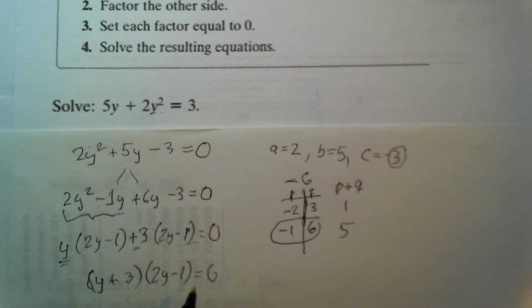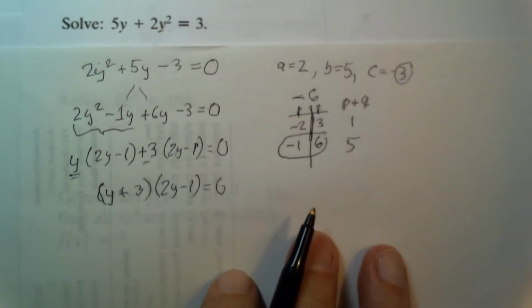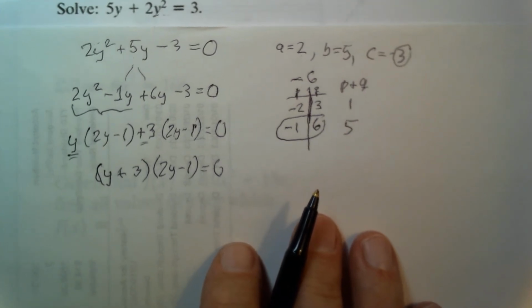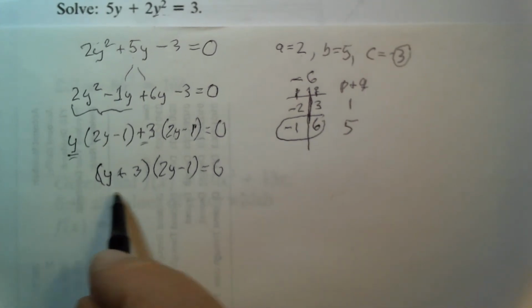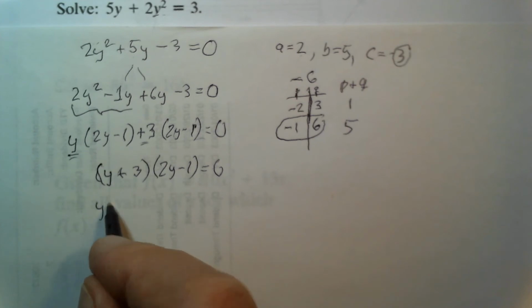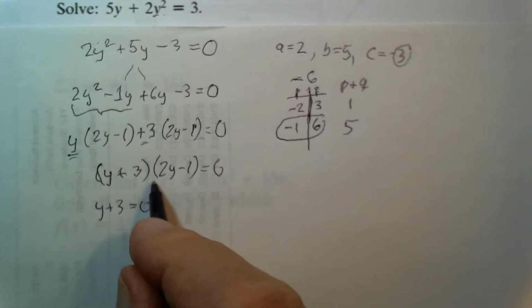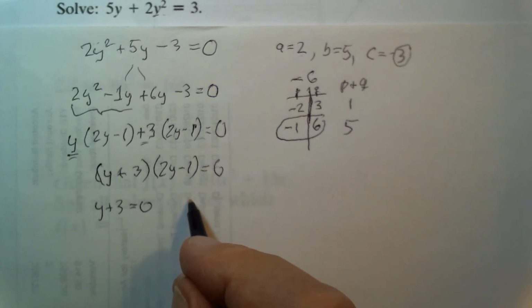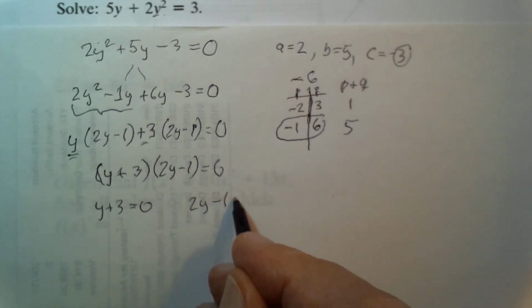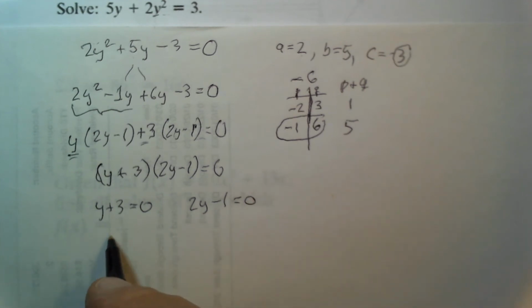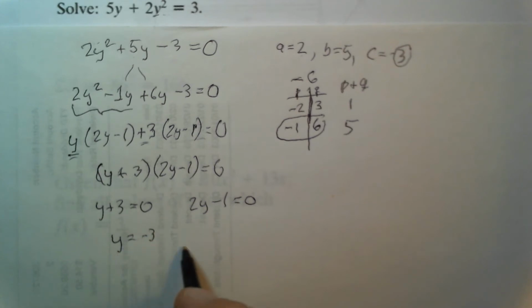And according to the way we solve this equation now, we set each of the factors equal to 0 and solve for the variable. So the first factor, y plus 3, we set equal to 0. And we set the second factor equal to 0 also. So 2y minus 1 equals 0. We solve the first equation by subtracting 3 on both sides. So y equals negative 3.